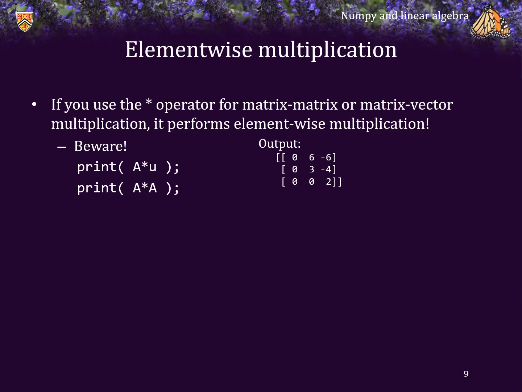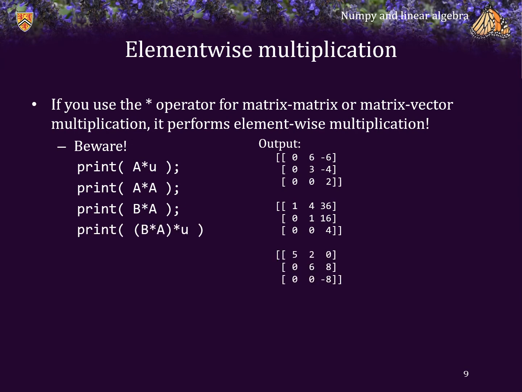A times A simply squares every single entry in the matrix A. B times A just multiplies the corresponding entries of both B and A together. B times A calculates the element-wise product of the matrices B and A, and then each row is multiplied element-wise by the entries of u.